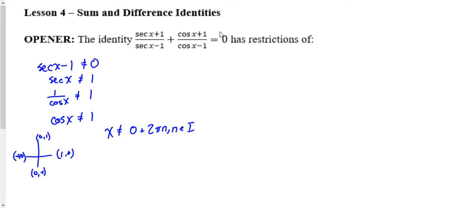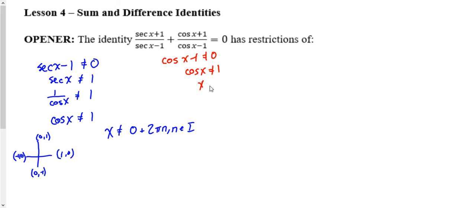The other restriction we have is going to be right here. So we have cos x minus 1 again cannot equal 0. So here you have cos x cannot equal 1, sorry. And so here if you have cannot equal 1, you'll end up with the same restriction as right here.